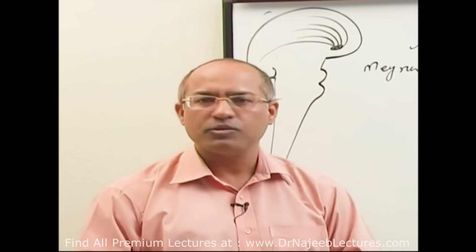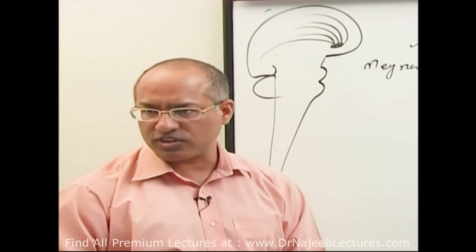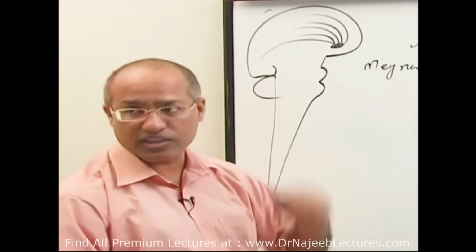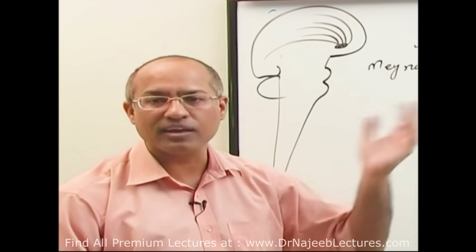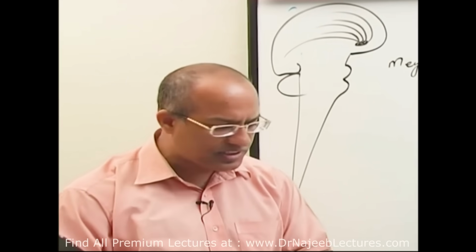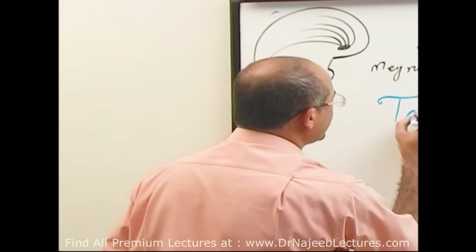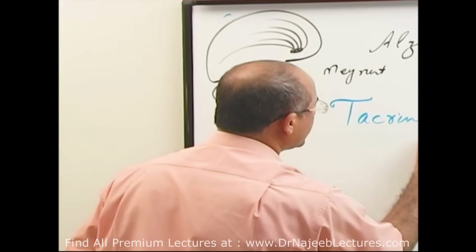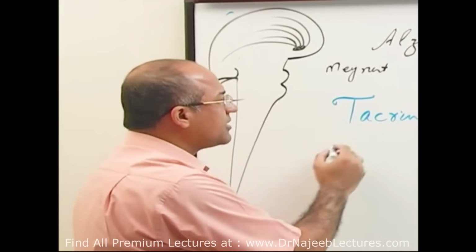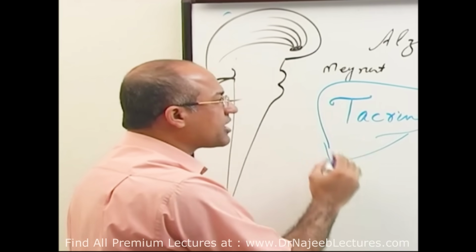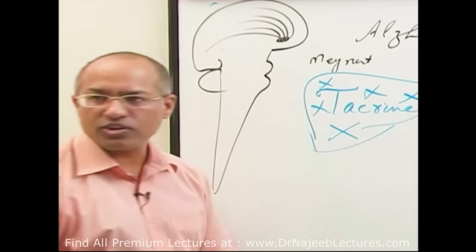Now they are trying some drugs which can go into the central nervous system and inhibit the cholinesterases here, and slightly increase the activity of the remaining cholinergic system. The first drug they started using was tacrine. Now they are not using it because tacrine produces strong hepatotoxicity.